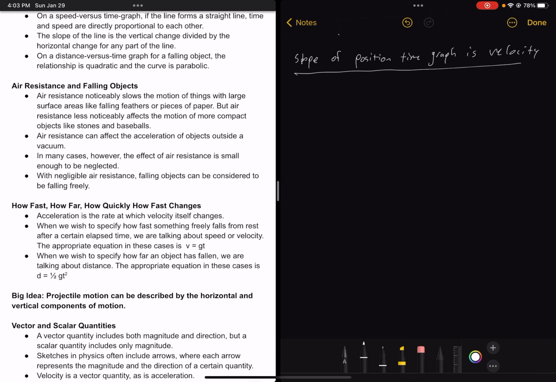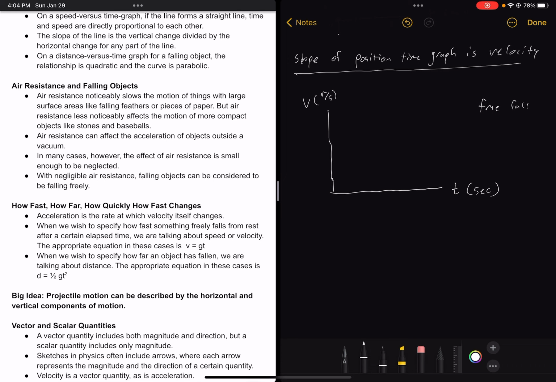So let's actually do an example with a velocity time graph. This is a velocity time graph, and let's say this is for an object that is in free fall. So we have an object falling down, and it's going to speed up as it's falling.